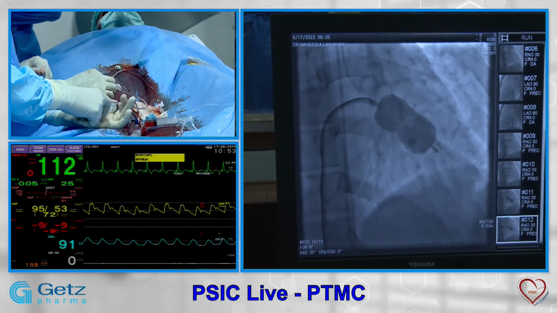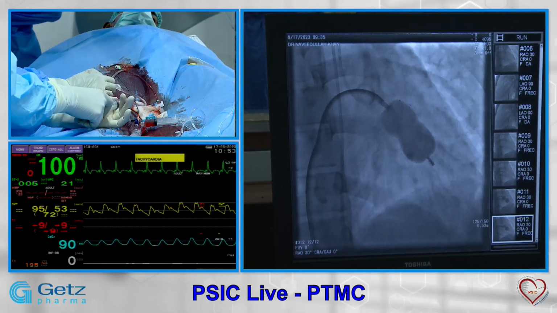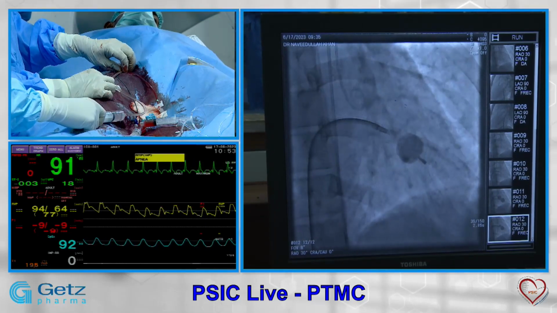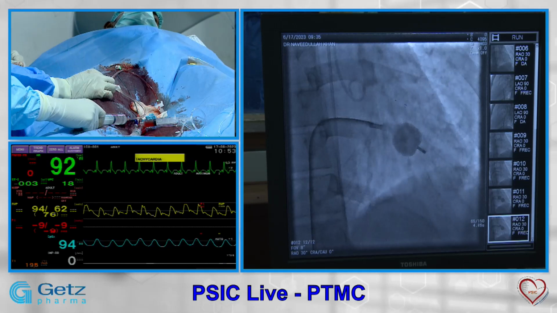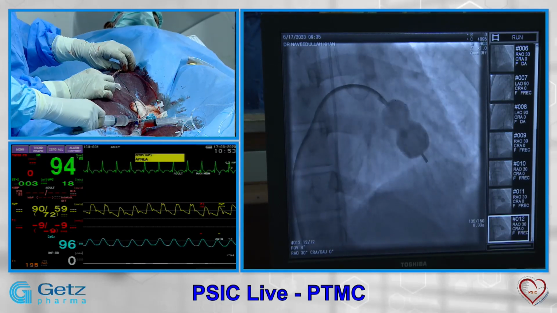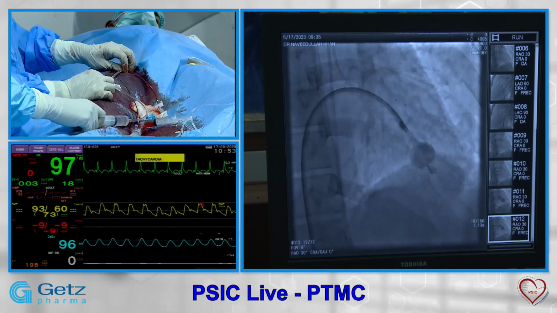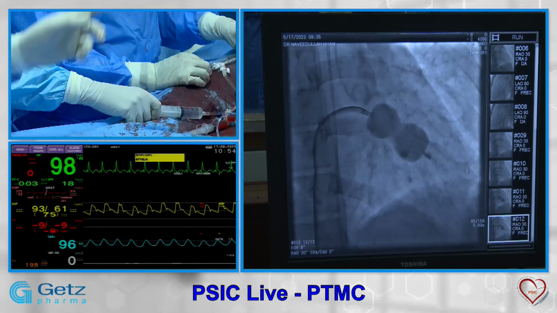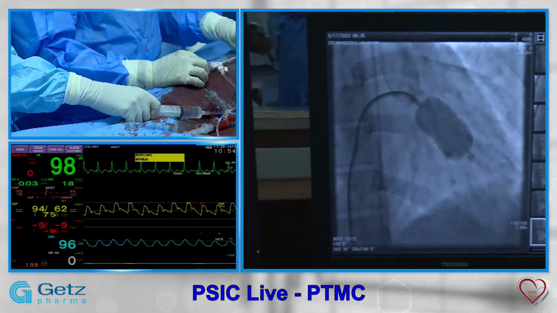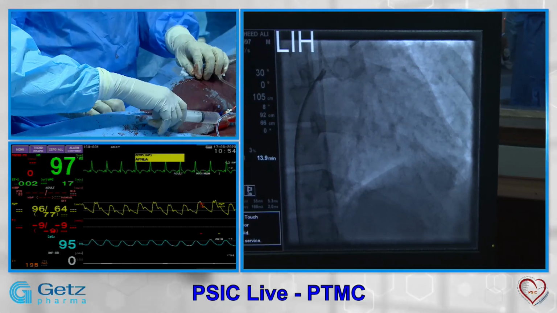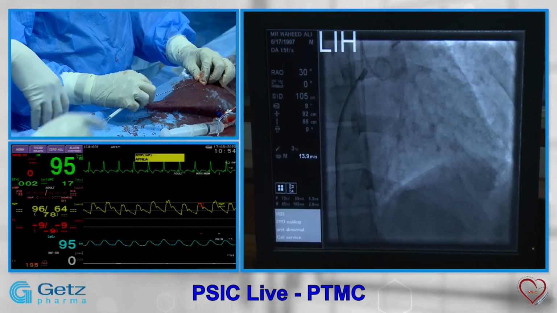The last click is sometimes considered a bit dangerous because, in our experience, this sometimes indicates that you have cleft the valve. We can confirm it by looking at the pressures. No more inflations.